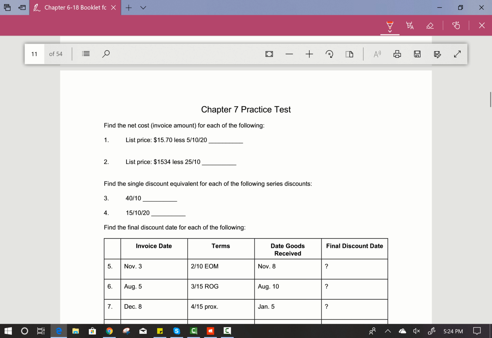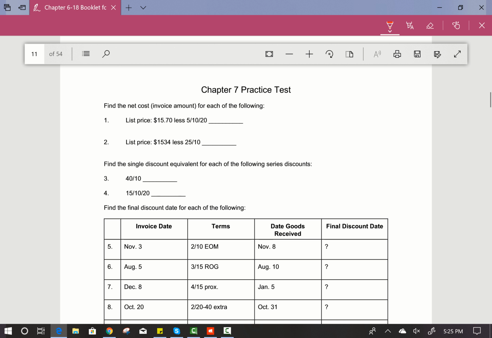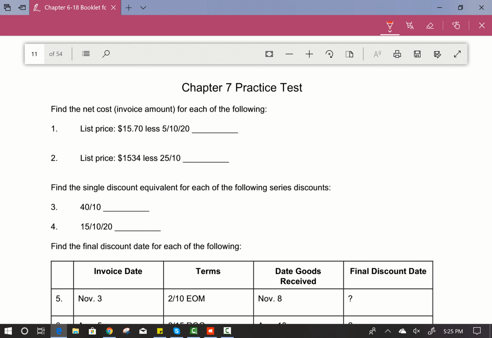Okay, let's walk through this little practice test here. Find the net cost of each one of these items. Let's first find the net cost equivalent, and that would be 0.95, which is the difference between 5 and 100. The difference between 10 and 100 is 0.9 after you move the decimal point 2 places left.